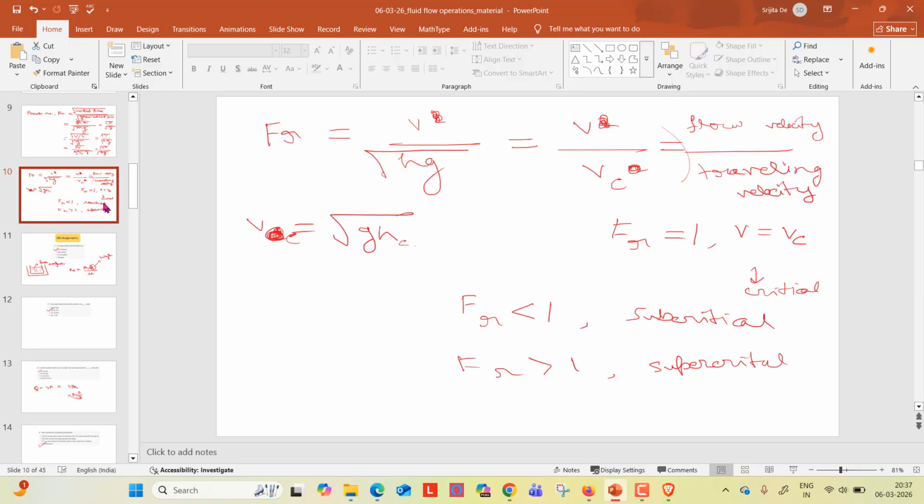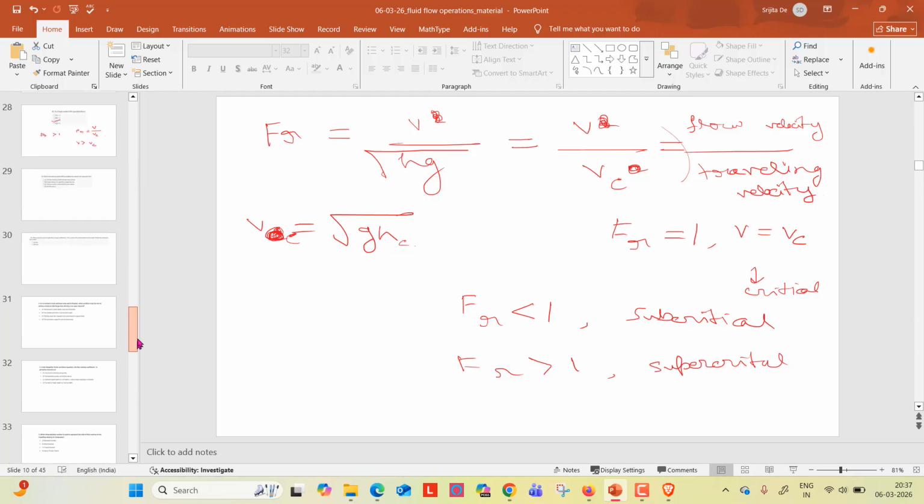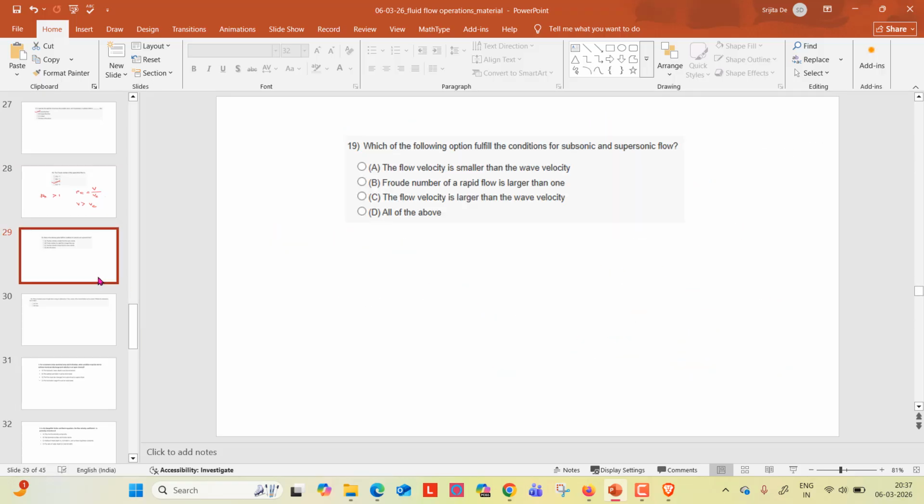Here you can find. Which of the following options fulfill the condition for subsonic and supersonic flow? Subsonic and supersonic flow. The flow velocity is smaller than the wave velocity.